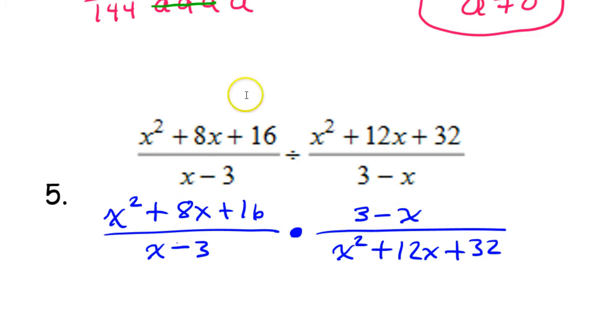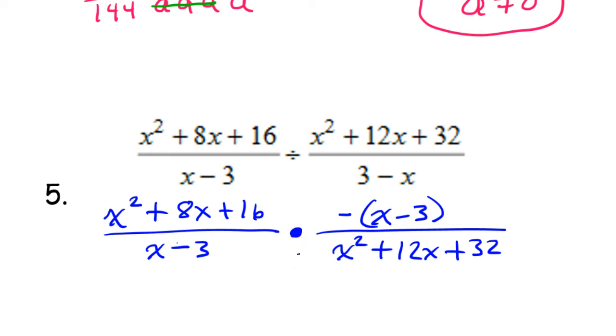So I see that I have this 3 minus x. What can I do to put it in standard form? I can write x minus 3, but I'm going to have to put a negative outside of the parentheses. So you should do that. Otherwise, you won't realize when you have factors that need to cancel.